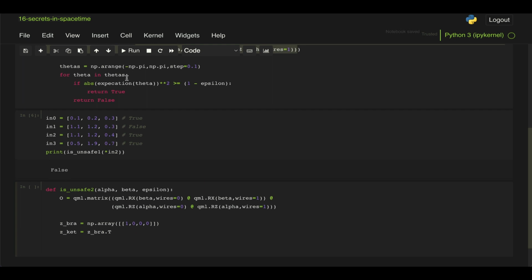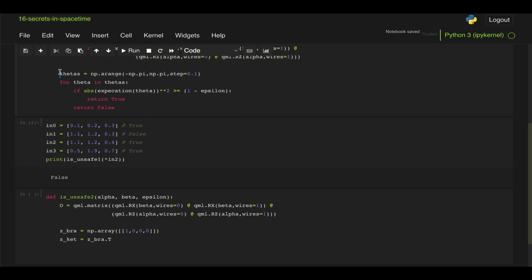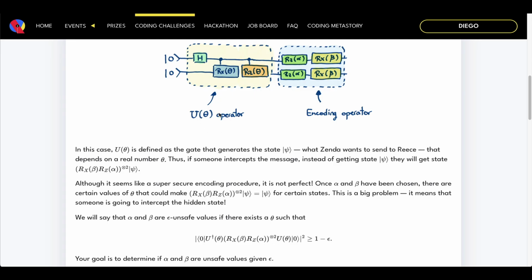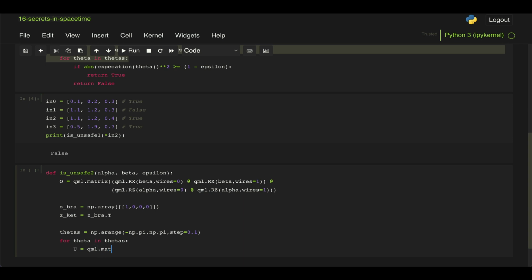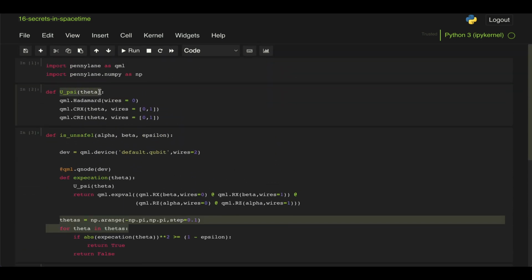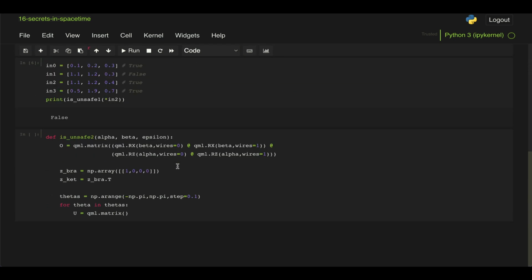And then I'm going to do exactly the same thing I did up here, just define the angles and iterate through them, and then compute the unitary of the state preparation circuit, so this U of theta here, by using this qml.matrix function and passing this uPsi function that we had already defined up here.